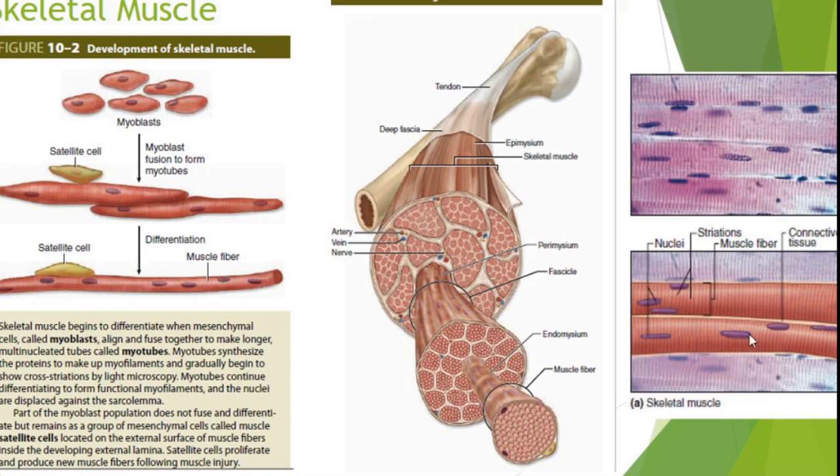Ang location ng muscle fiber nuclei ng skeletal muscle ay in the periphery, doon sa gilid. Ito, yung naka-point sa arrow. Wala siya sa gitna, no? Nasa gilid, nasa outermost portion ng muscle fiber, paikot. So, they are multinucleated, meaning to say, maraming nucleus sa isang muscle fiber strand.